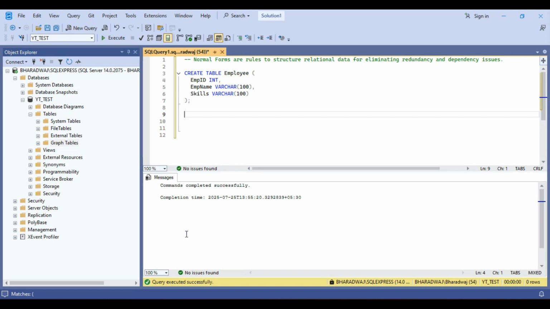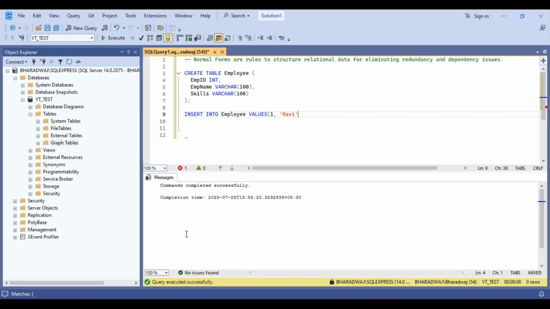So I can insert into employee values. One comma, so we have employee ID, employee name, let's give Ravi here.